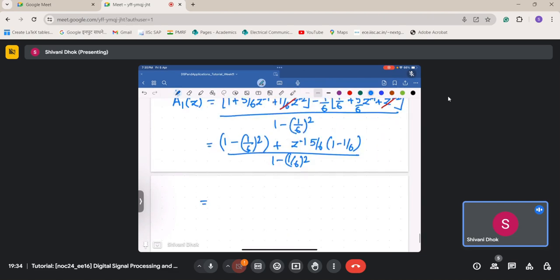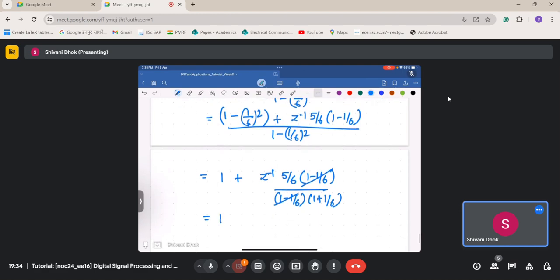So this I can simplify as 1 plus z inverse into 5 by 6 into 1 minus 1 by 6, divided by 1 minus 1 by 6 into 1 plus 1 by 6. These things get cancelled. This reduces to 1 plus z inverse into 5 by 6 divided by 7 by 6, which is equal to 1 plus 5 by 7 z inverse.